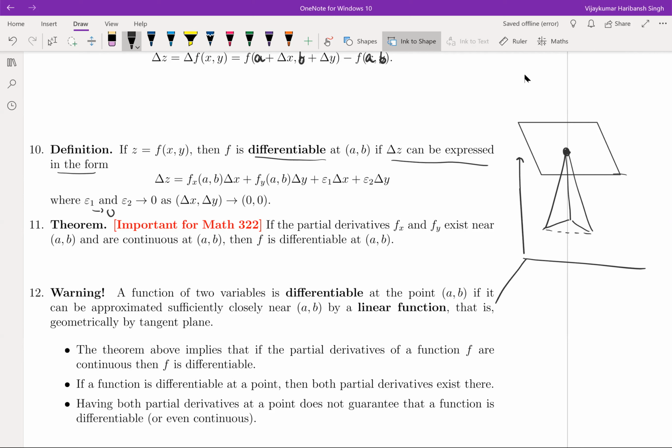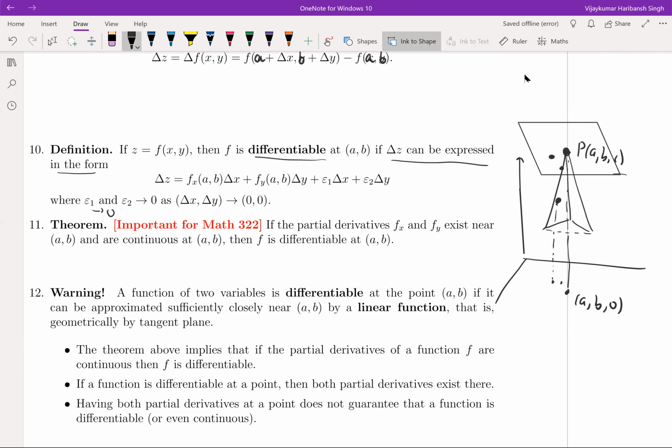If you look at a function value here, this is the function value, and this is the approximated value. If you go nearer to this point P, which is (a, b, c), this point is (a, b, 0).